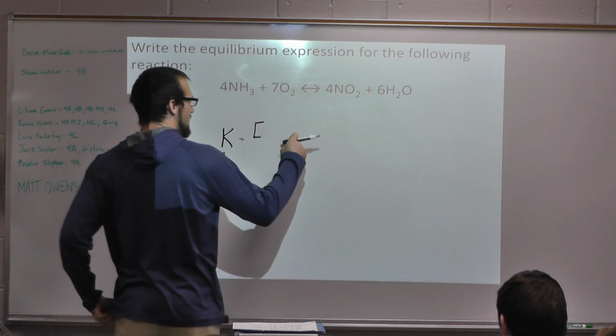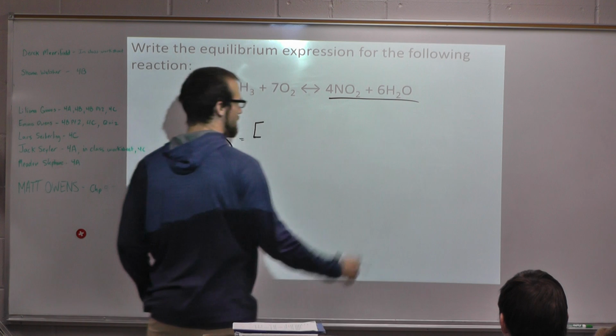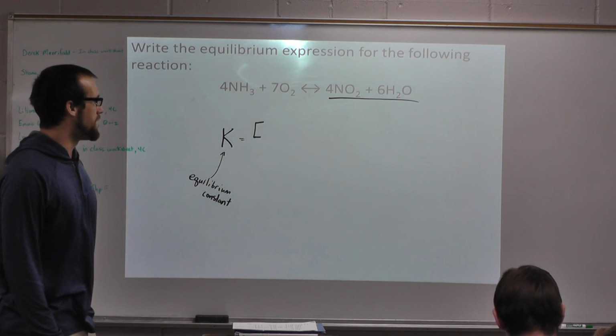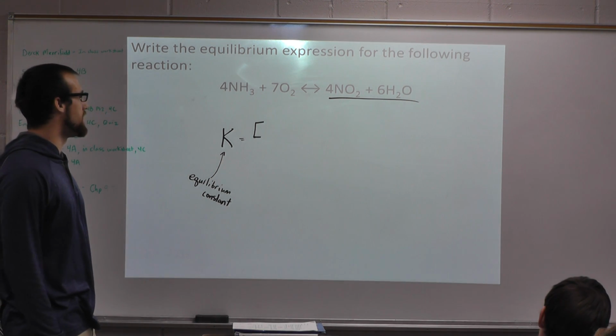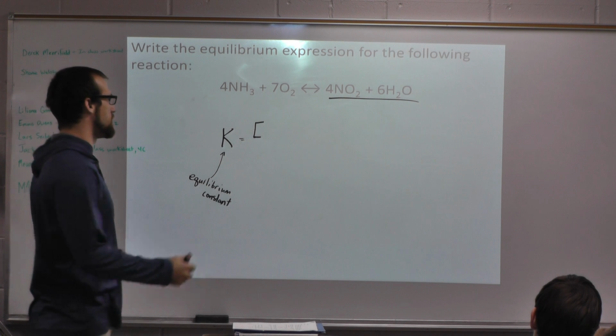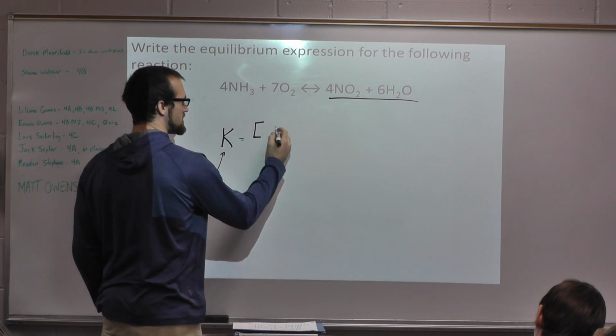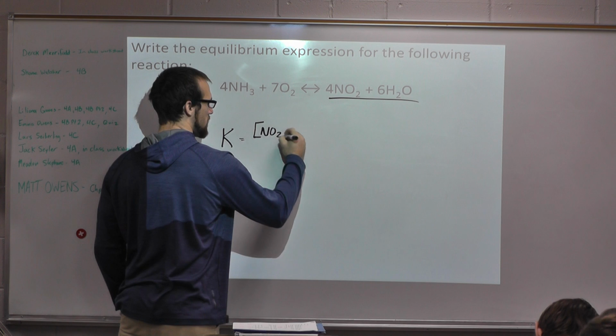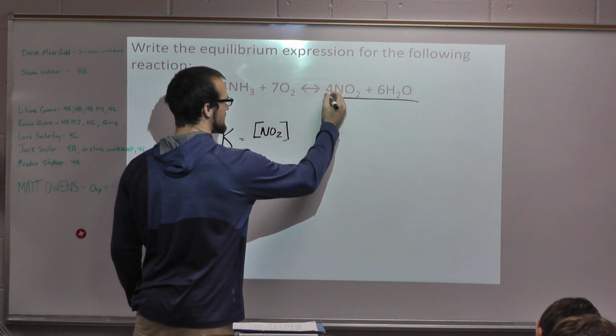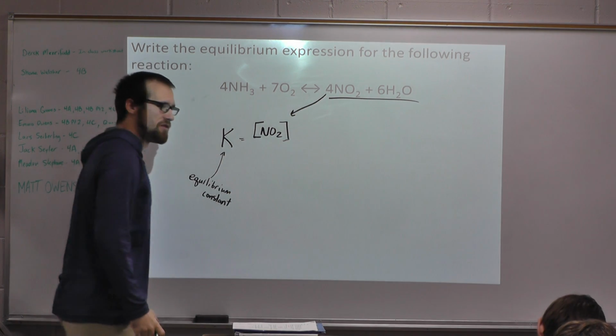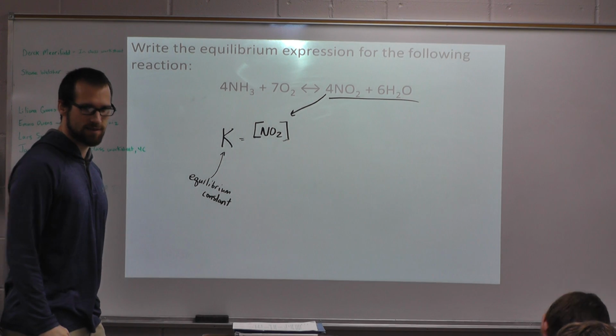Alright, so this is how this works. I need to probably go a little quicker here. Your equilibrium expression is going to be your concentration. Again, your brackets represent concentration. So we've got NO2. We're going to raise that to the power of its coefficient. You guys remember this?